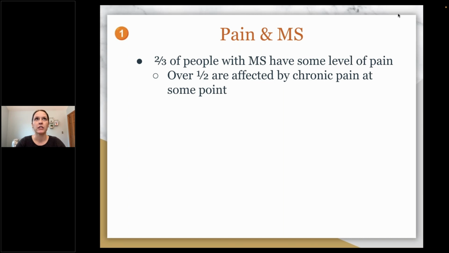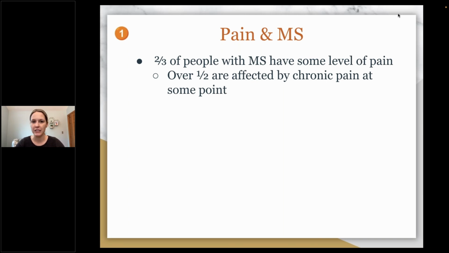I do also want to touch on a fact that I learned when I was in physical therapy school, which is that at some point in everyone's life, MS or not, 80% of people will experience some form of low back pain. So pain in general is extremely common, but it happens to also be a symptom of multiple sclerosis.